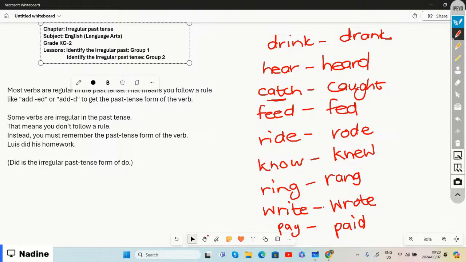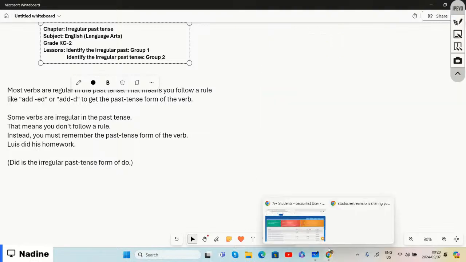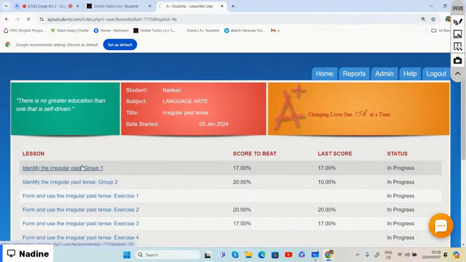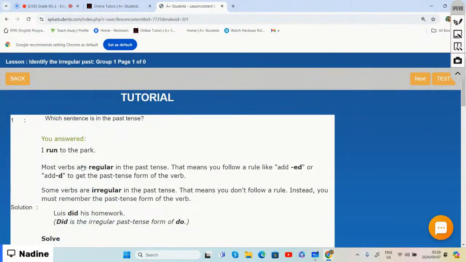All right. So we're going to identify the irregular past tense.